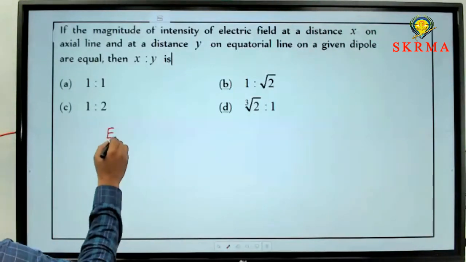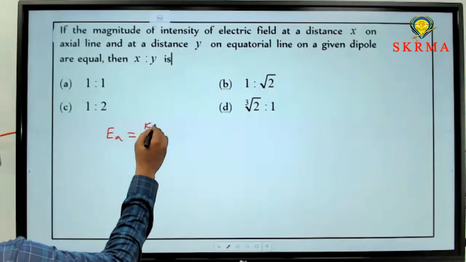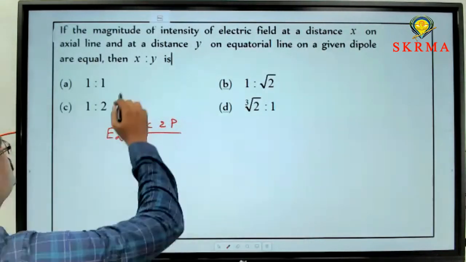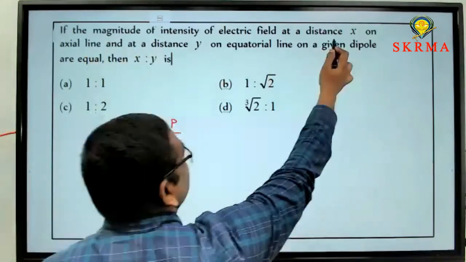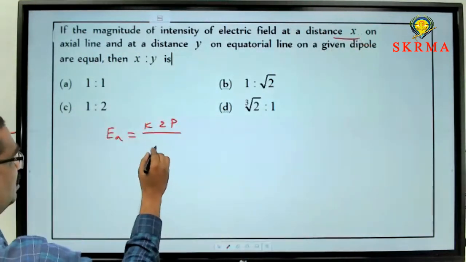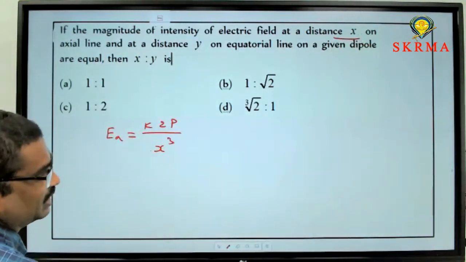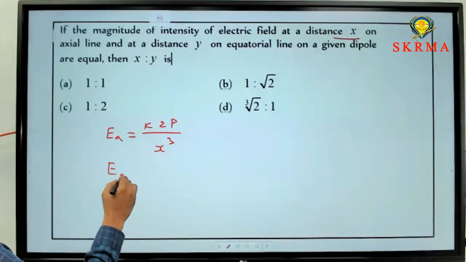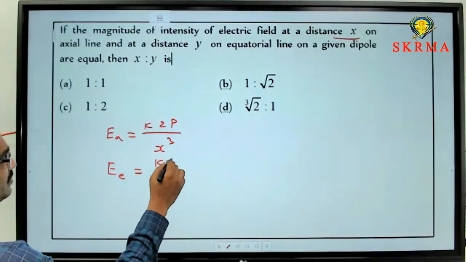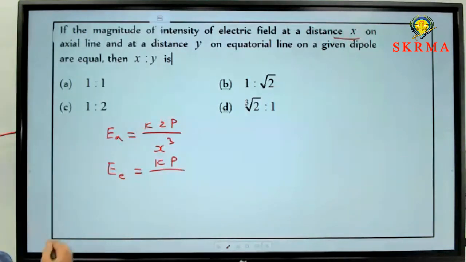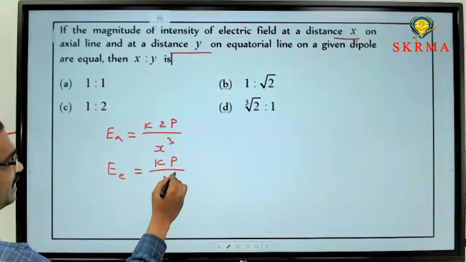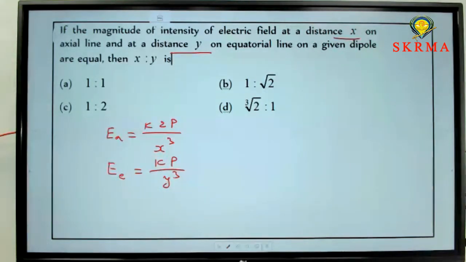The formula for the axial line is K into 2p by distance cube, so we write x cube. For the equatorial line, K into p by distance cube, with the distance as y, so y cube.